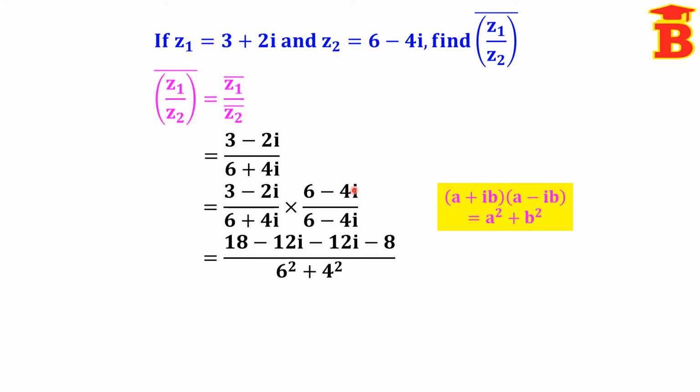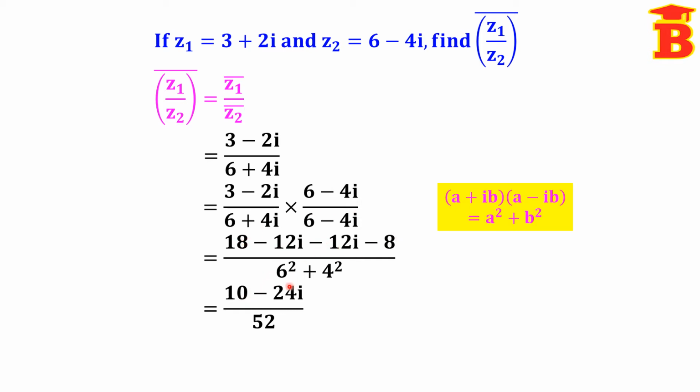3 into minus 4i, minus 12i. Minus 2i into 6, minus 12i. Minus into minus, plus 2 into 4, 8i squared. i squared is minus 1, so that is minus 8, divided by a squared plus b squared, that is 6 squared plus 4 squared. So this is equal to 18 minus 8 is 10.